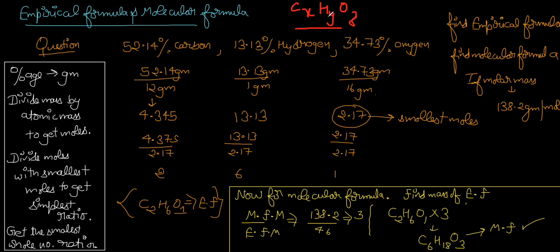But there was this compound, and the composition they have given us, they're asking us to find out the empirical formula of this compound. So there are n number of methods to solve these kind of questions, but we'll be solving it using the simplest one.